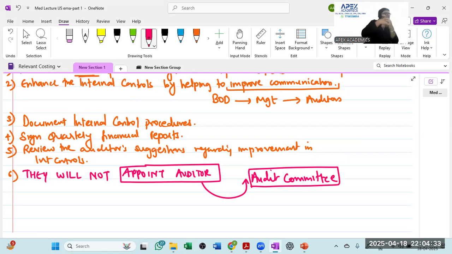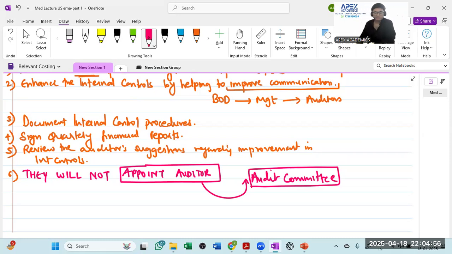So all these things have been discussed over there. And lecture number 7, or whatever your choosing of serial number is, that was your SOX and FCP. So we have completed SOX. Now we are almost on the verge of completing board of directors.